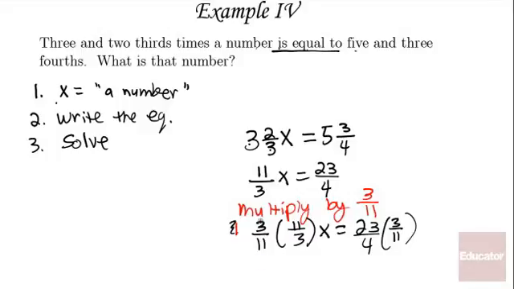And then what I get is the coefficient of x canceling out, because 3 divided by 3 is 1, 11 divided by 11 is 1. So that gives me x equals 23/4 times 3/11. And if you figure that out, it comes out to 69/44.